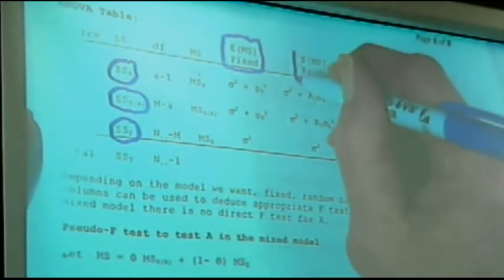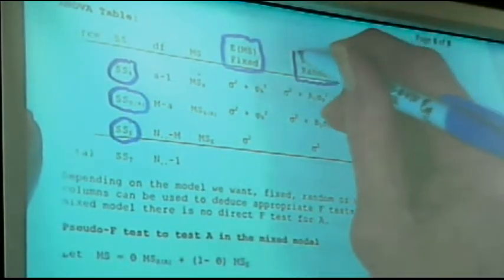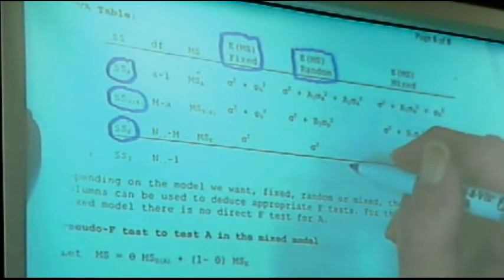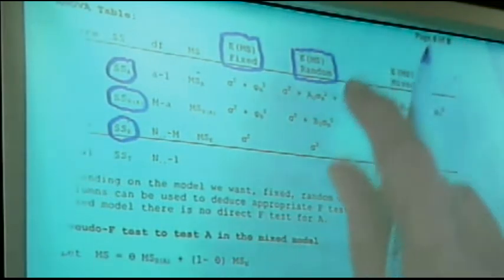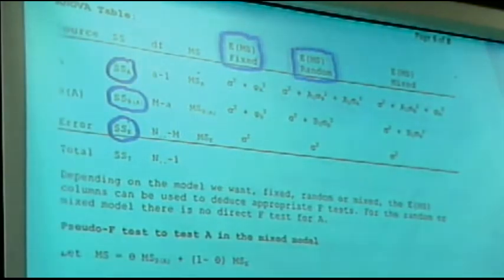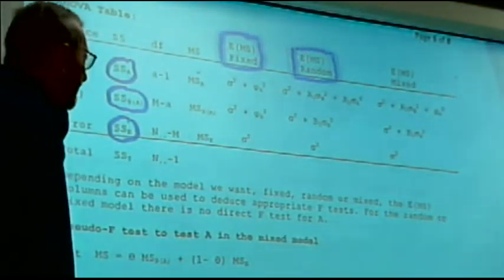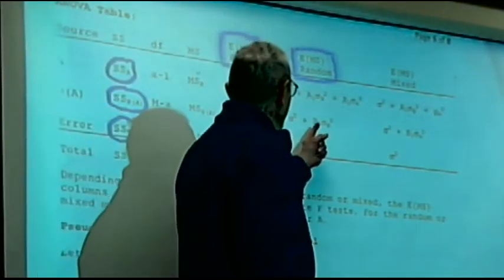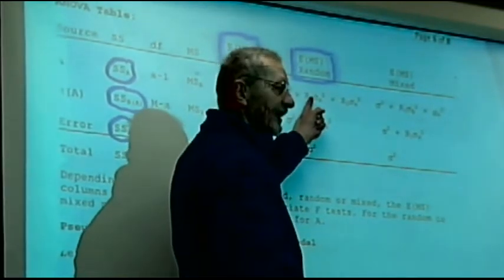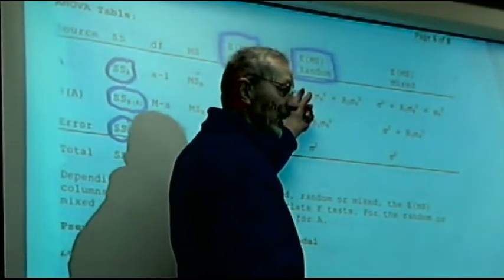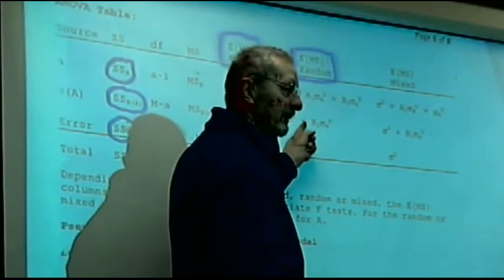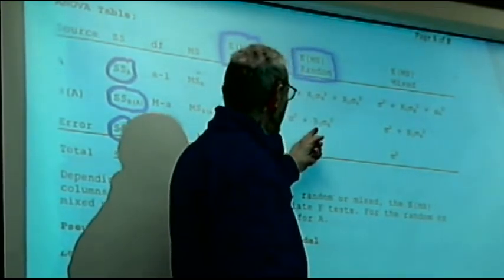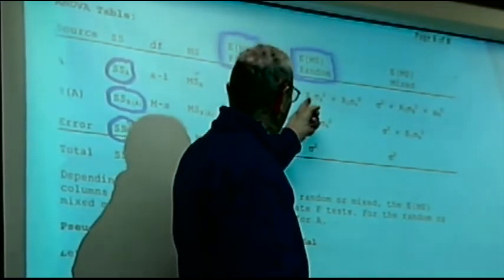You go to the random model, both factors random, and now something messed up. When we had balanced data, this constant was the same as that constant, so we had a natural denominator for this one here. Now it's different. So this is not the same as that.